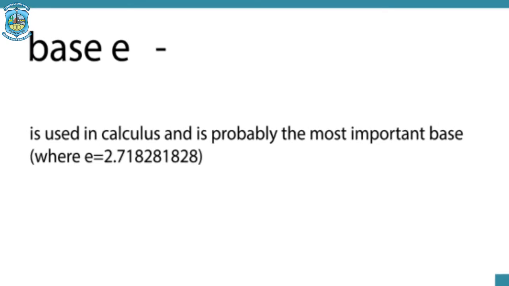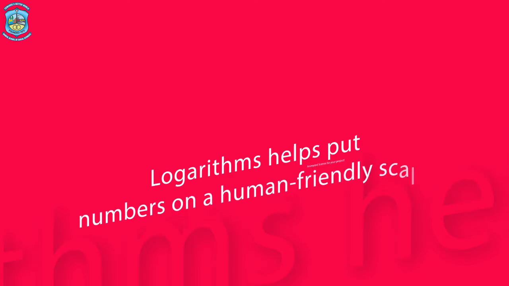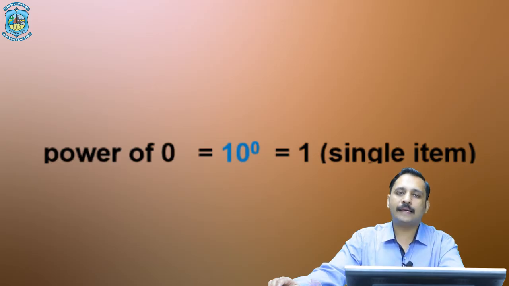Base e is called exponential. It is used in calculus and it is probably the most commonly used base for calculation by mathematicians, where the value of e is equal to 2.718281828.